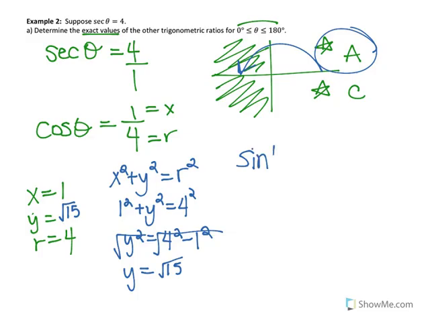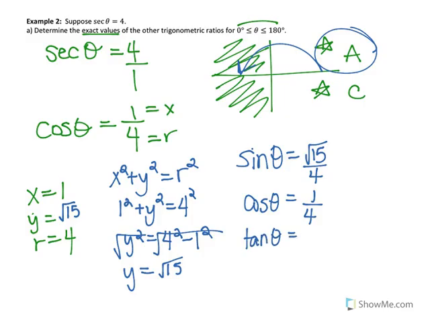So we're going to say sine of theta would be the same as y over r, so root 15 over 4. Cosine theta is the same as x over r, so 1 over 4. Tangent theta is the same as y over x, so root 15 over 1.